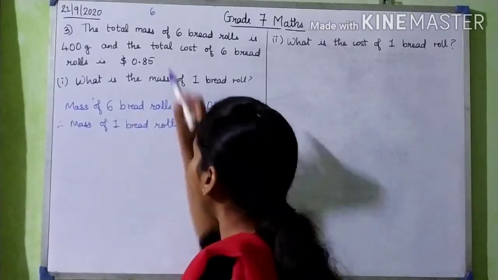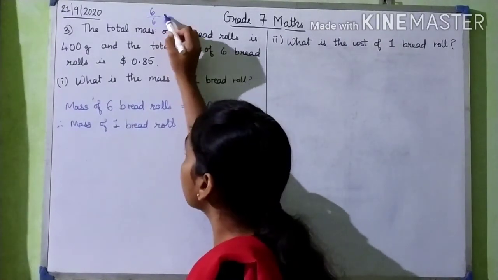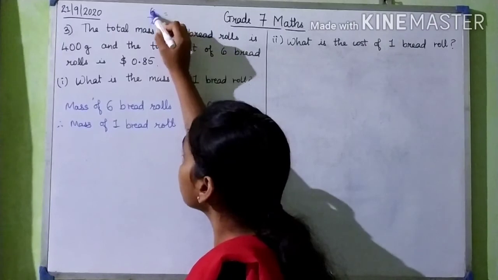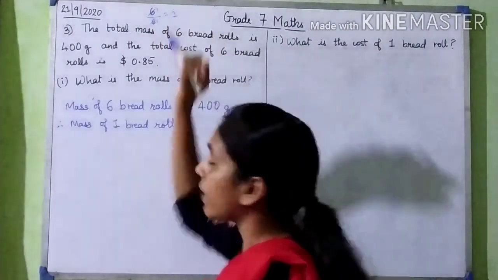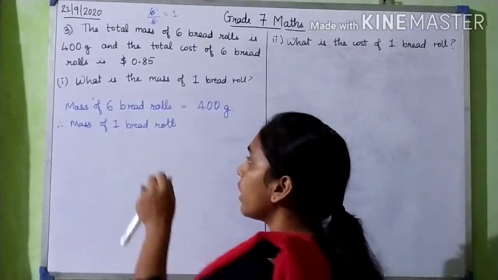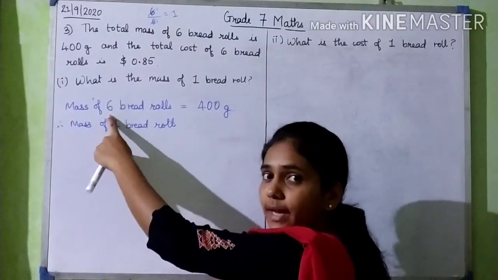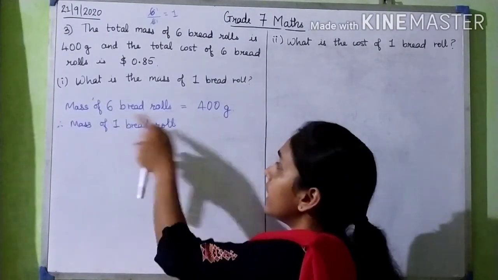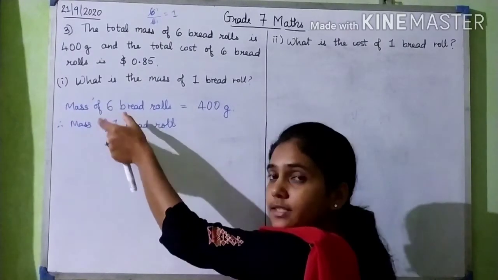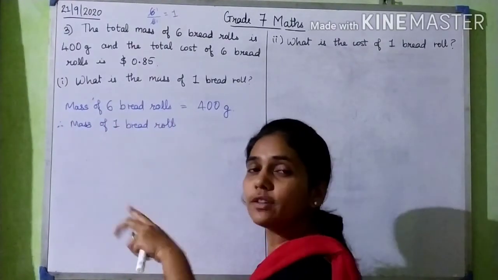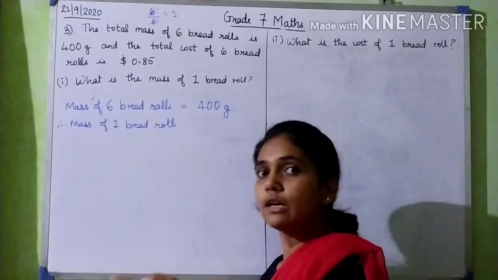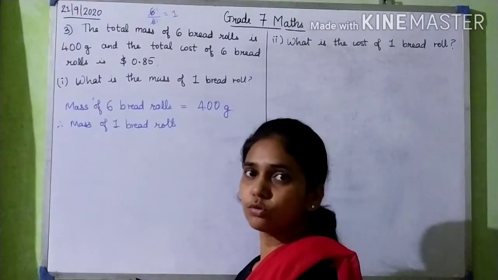How do I get 1? If I divide 6 by 6, I get 1. So what am I doing here to get 1? I am dividing this number by 6. Similarly, I have to divide this number by 6, because whatever changes we do on one side of the equal to sign, the same changes we have to do to the other side.